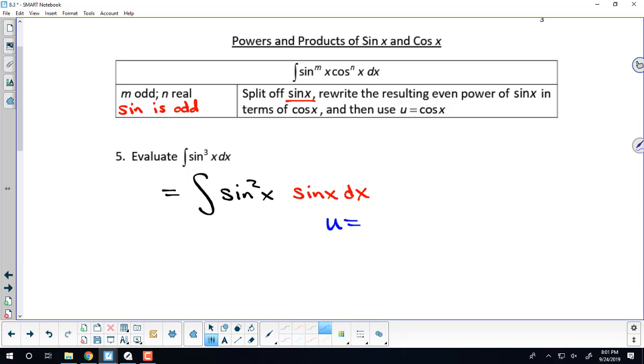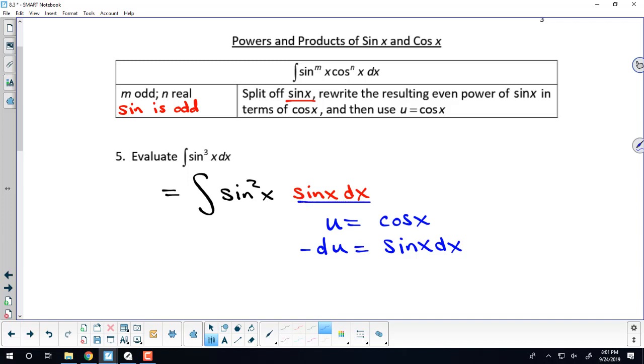So we're going to let u equal cosine x, so that negative du, rather, is sine x dx. So our negative du takes care of the thing that we split off.